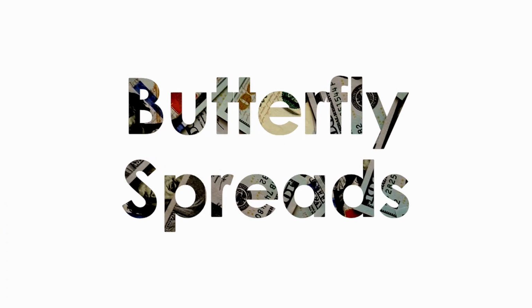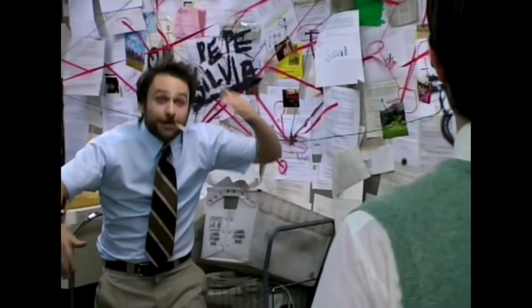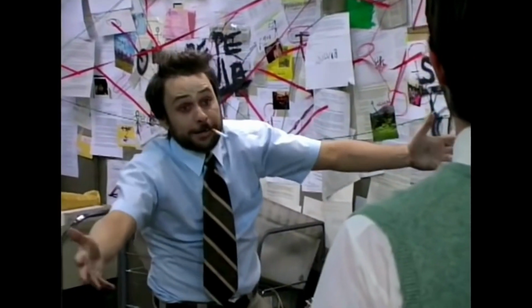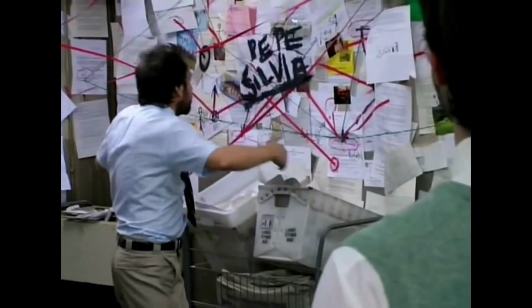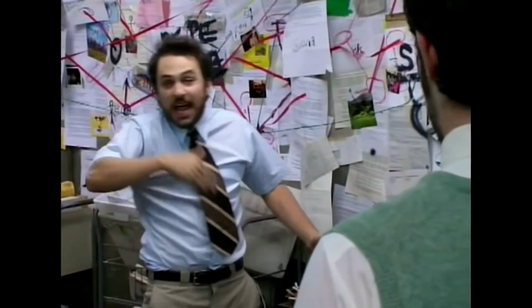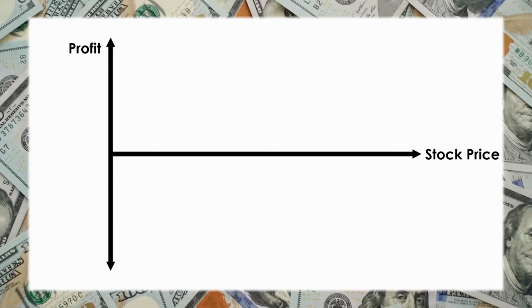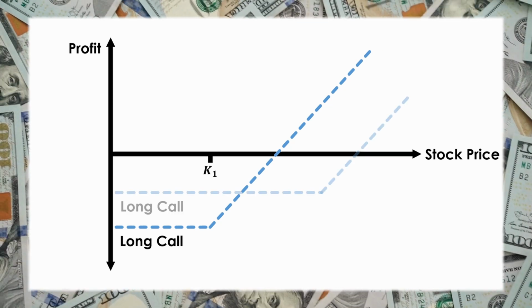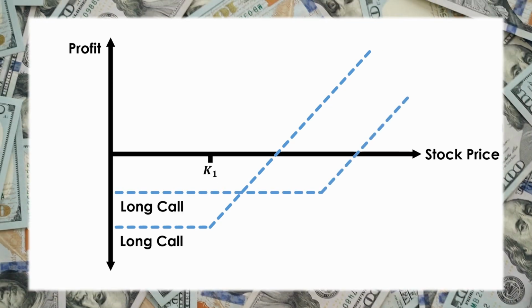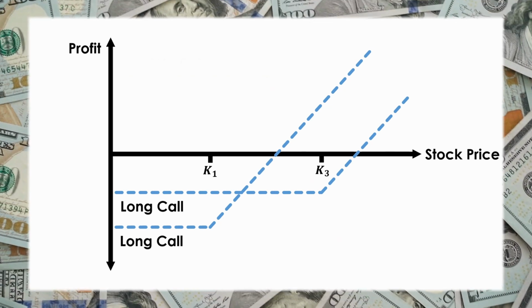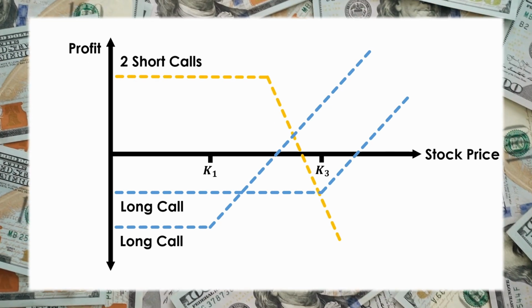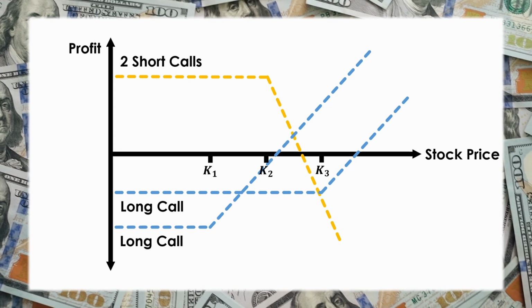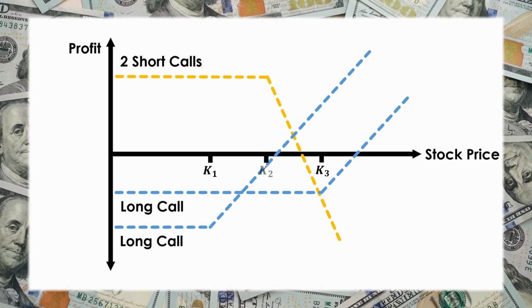Next, we have butterfly spreads. These are slightly more complex and, like with box spreads, involve 4 equal maturity options, but this time with 3 different strike prices. A long call or put option with a low strike price K1, another long call or put option with a high strike price K3, and 2 short call or put options with a strike price that is halfway between K1 and K3.